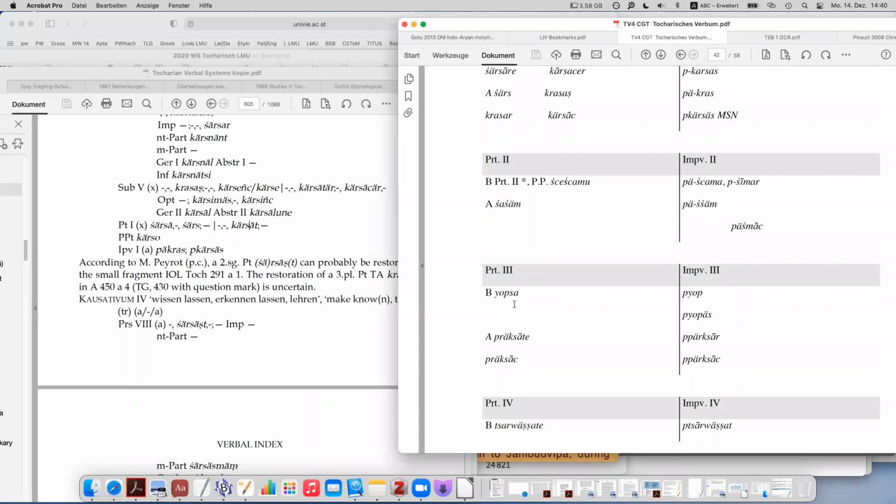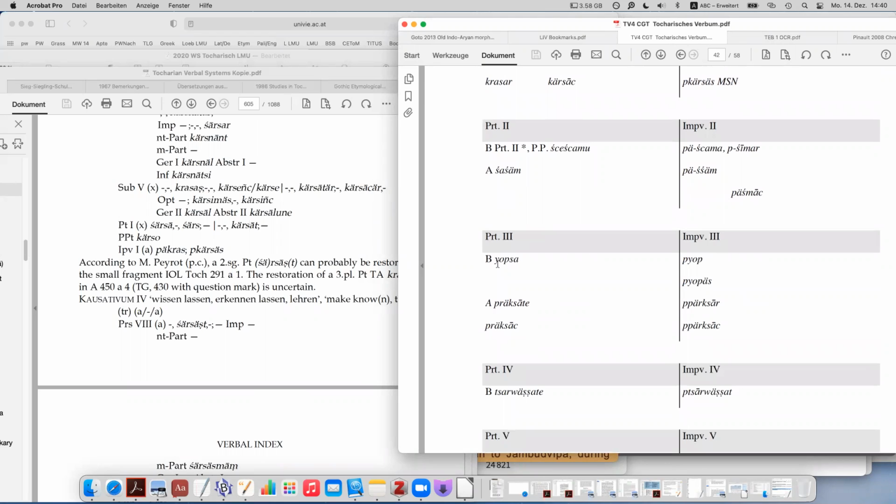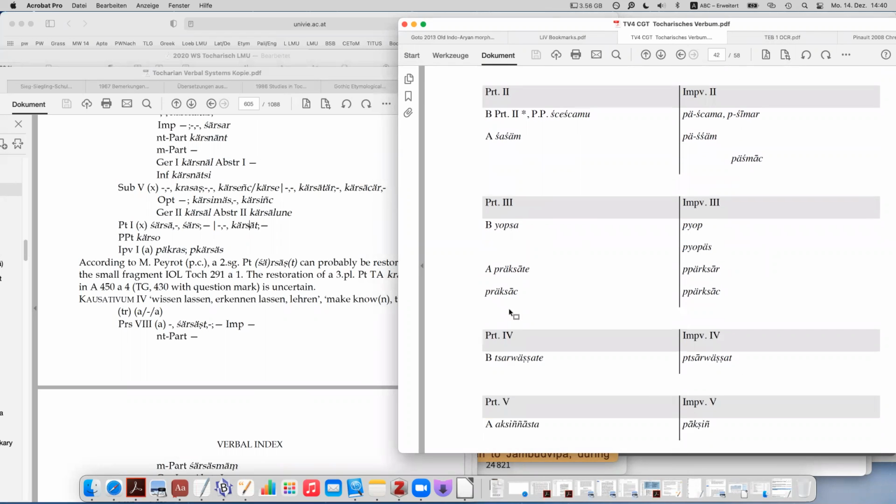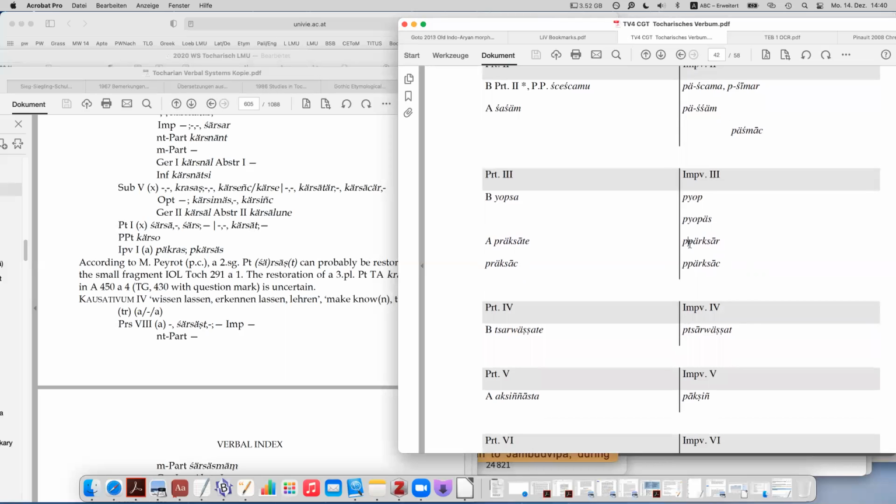And then you have the other forms, like Yopsa, you have Pyop. And for Pruksat, you even have a double P at the beginning, which I find pretty difficult to pronounce. Probably they put a schwa sound in between, so like perksa.